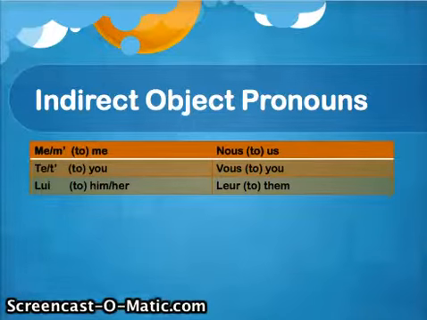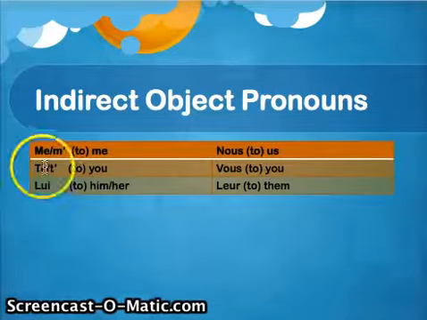Give is the verb. A gift is the direct object. And then who receives it? It's you. So you are the recipient of it. In French, it would be je te donne un cadeau. So because you are the recipient, the indirect object pronoun would be te.